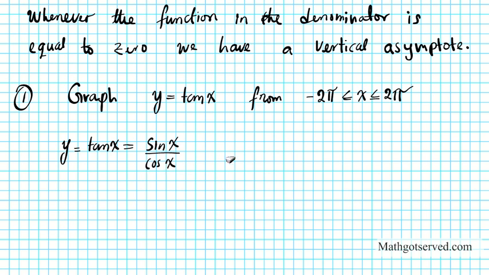So what we're going to do is, whenever cosine x equals 0, we have an asymptote. Okay? So we're going to graph the cosine function and generate the asymptotes, then we'll put our tangent function.